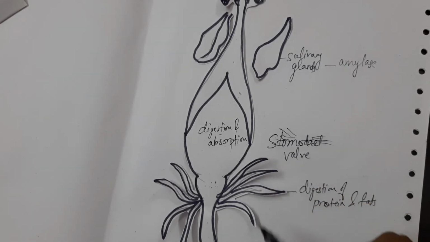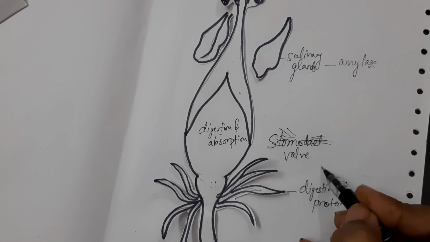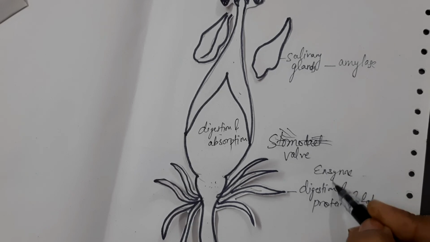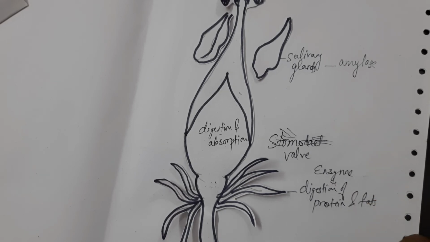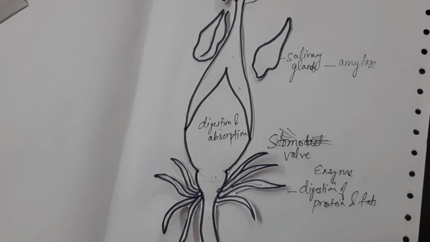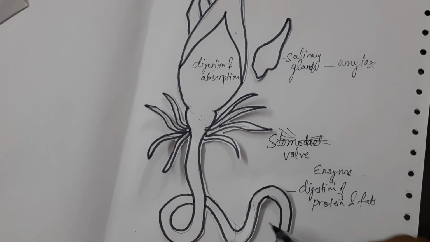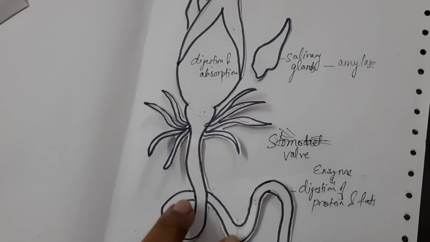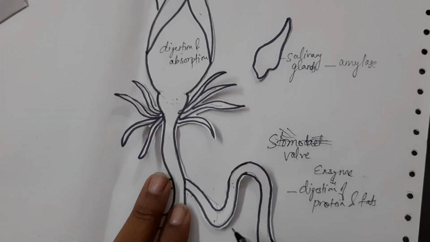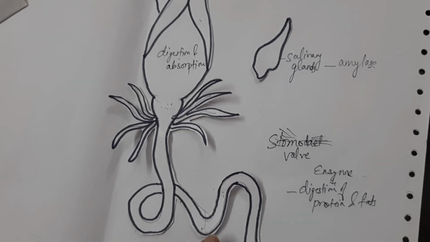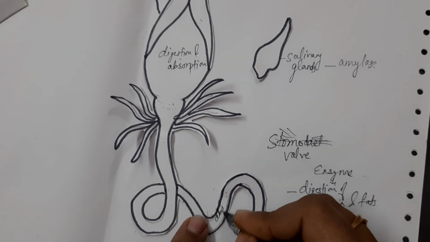Midgut contains hepatic caeca which secrete the enzymes, and these enzymes help in the digestion of fat and protein. Now the digested food reaches the hindgut, and in the hindgut the food is only absorbed. Like in human beings, the major role of the hindgut is only absorption.